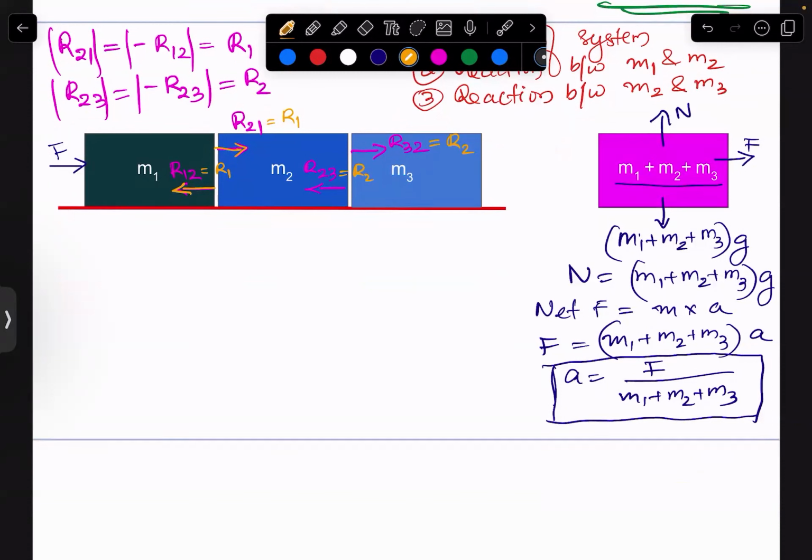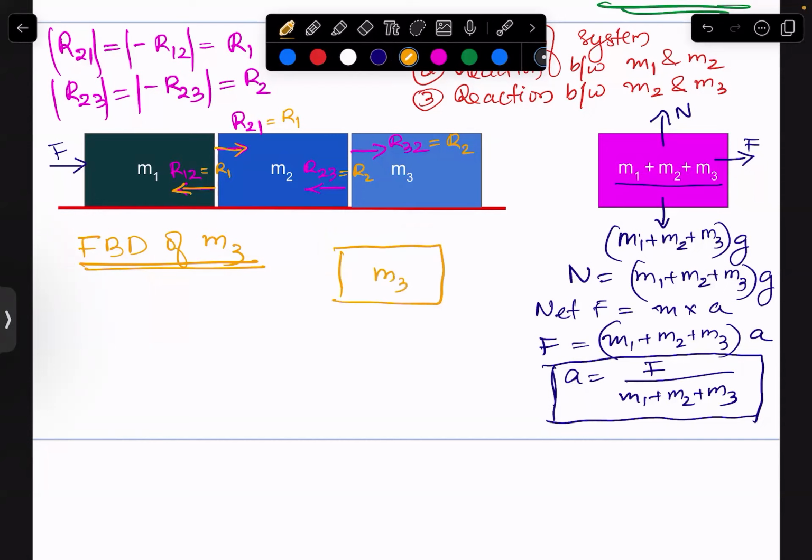Now we have to draw the FBD of any one of the blocks here. So we will take the FBD of M3 right now. So FBD of M3 is like this. This is the block, M3. We are only concerned about the horizontal force.